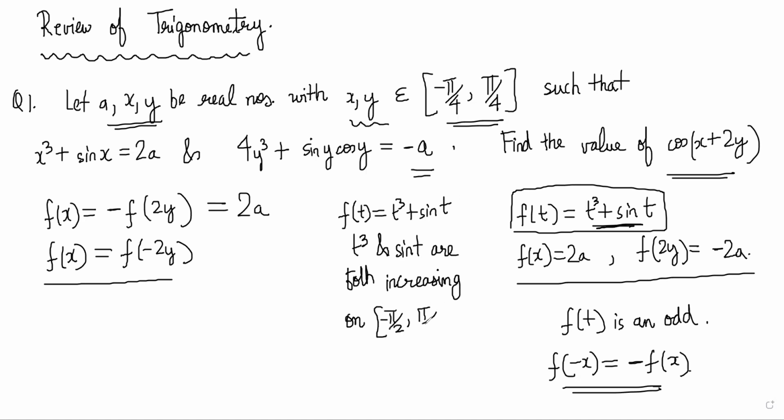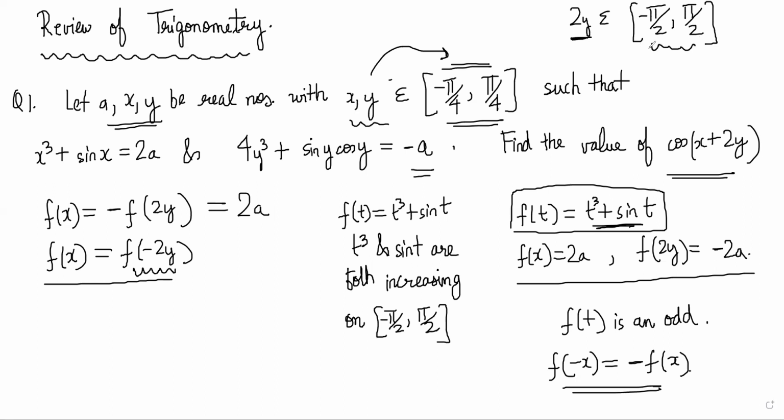Now, y belongs to the range minus pi by 4 to pi by 4, so obviously 2y will belong to minus pi by 2 to pi by 2. So when you look at f of 2y and f of minus 2y, the 2y is in this range, and x is anyway inside minus pi by 4 to pi by 4. So what we can say for sure is that f of x and f of 2y are both increasing in this interval.